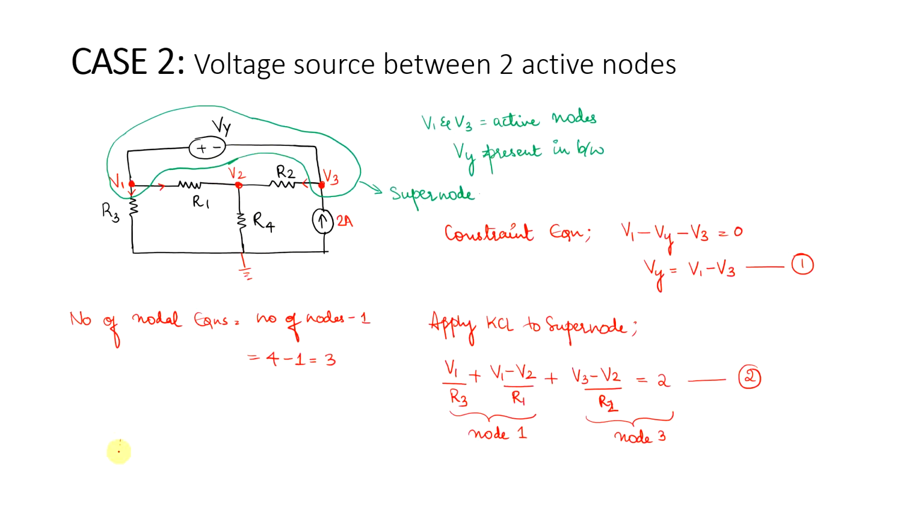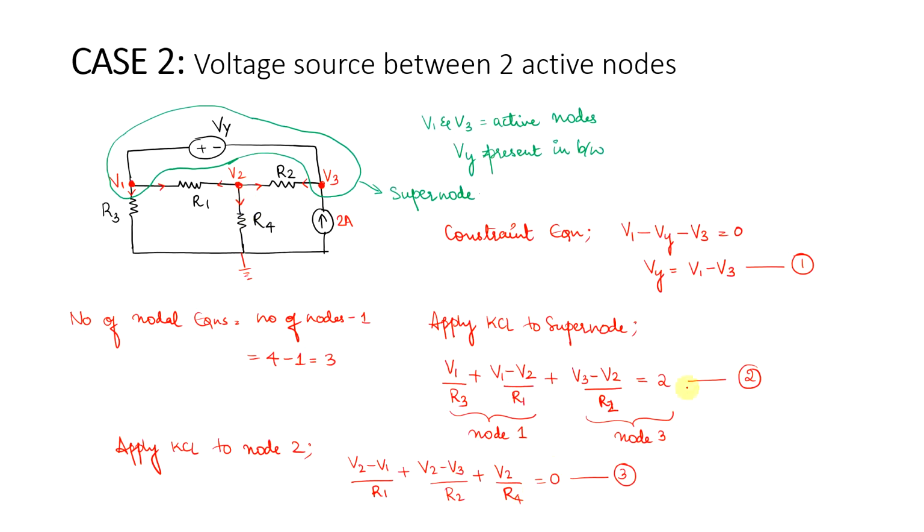On applying KCL to the node 2, we assume the current leaving the node. So V2 minus V1 divided by R1 plus V2 minus V3 divided by R2 plus V2 divided by R4 is equal to 0. These are the branches: V2 minus V1 divided by R1, V2 minus V3 divided by R2 and V2 divided by R4.